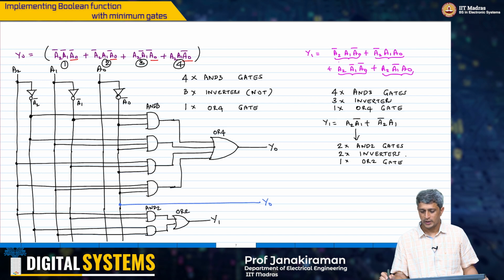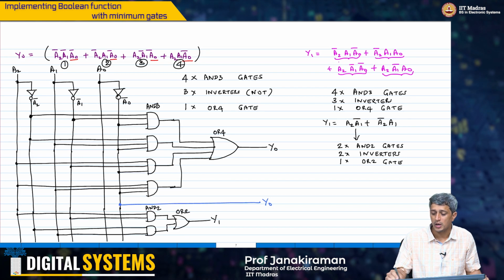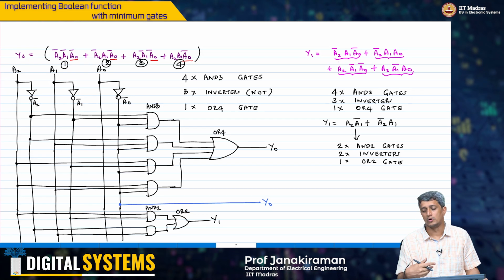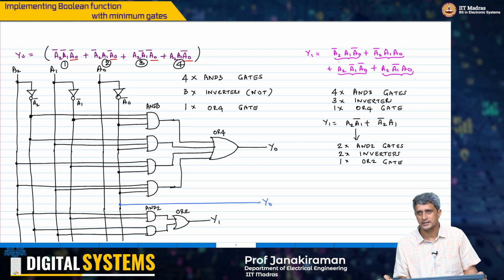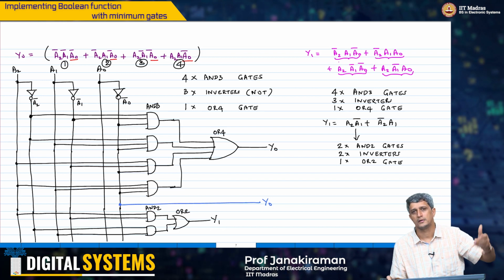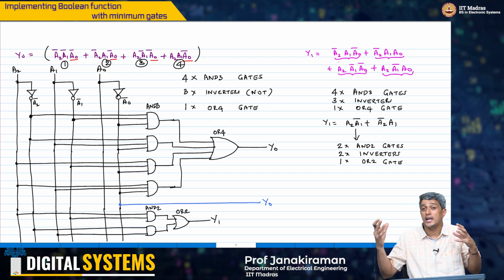Now it's very important to realize that the cost of using an OR 2 gate is much lesser than using an OR 4 gate. If I consider another example where maybe 6 of those 8 output combinations happen to be logic 1, I would need an OR 6 gate.